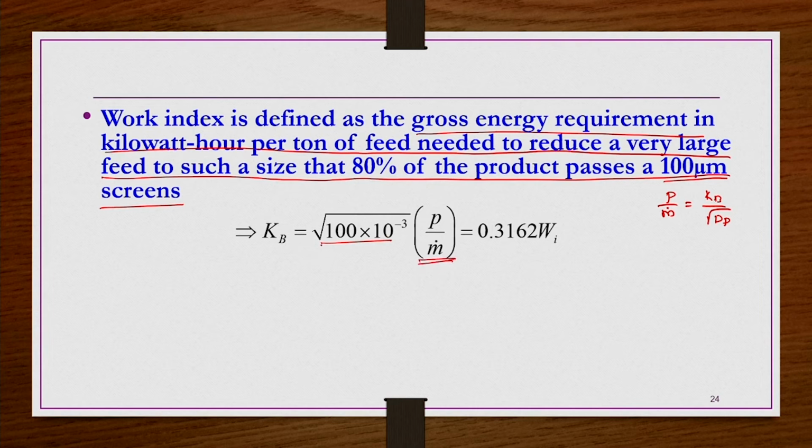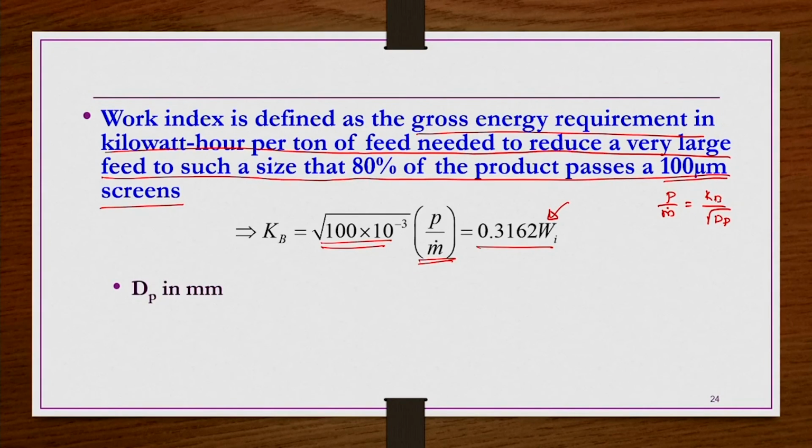The square root of 100 multiplied by 10 power minus 3 is 0.3162, and P by m dot is nothing but Wi, the work index. So, in this equation dp should be in mm, power should be in kilowatts, and the mass rate m dot should be in tons per hour. So, that is the work index.